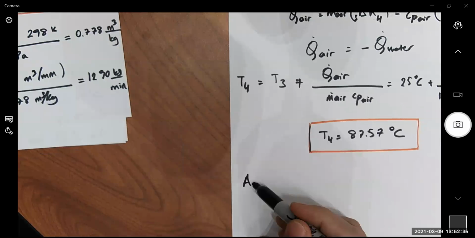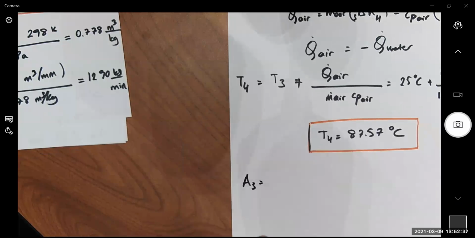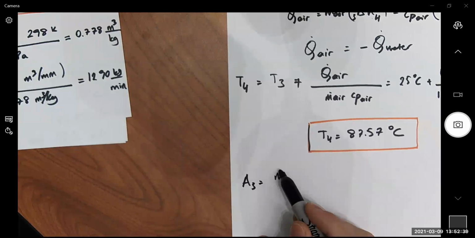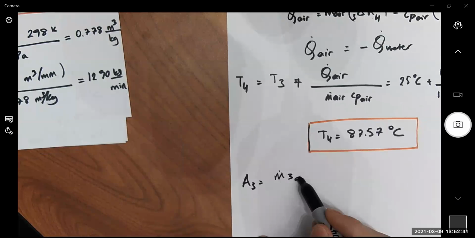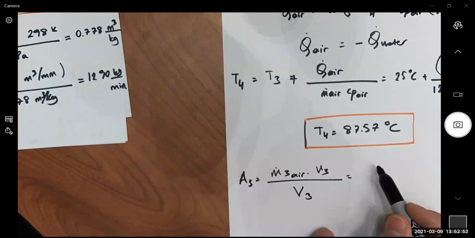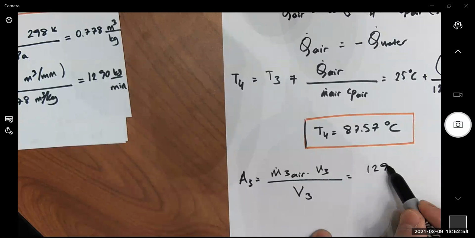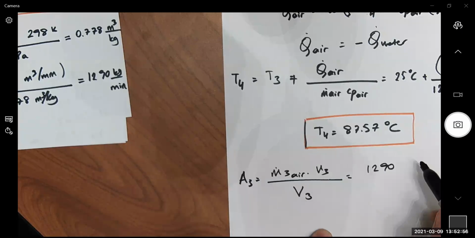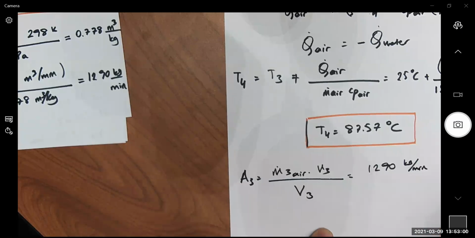Area at the inlet: mass flow rate of air times specific volume over velocity. Remember, mass flow rate equals area times velocity over specific volume. Right? Mass flow rate is 1,290 kilograms per minute. Specific volume is 0.778 meters cubed per kilogram.